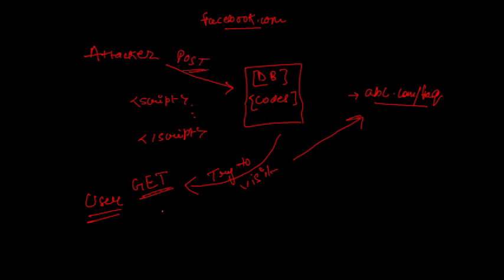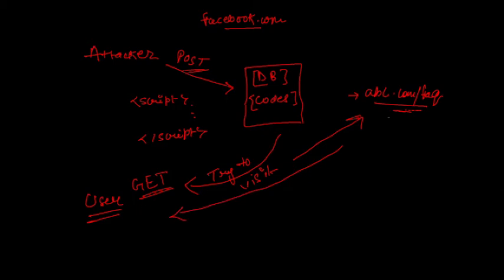Now in the GET request, what will happen? The user will get all the HTML code and the script which were present in this page, right? But remember, the attacker already posted some kind of malicious script in this page, so that script will also be rendered when the user tries to visit that page.